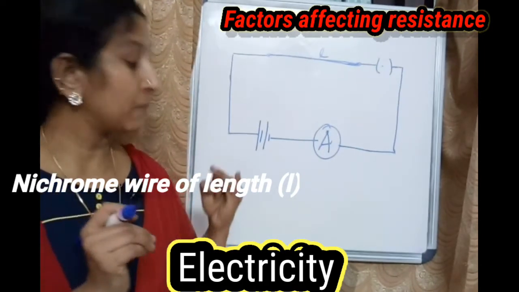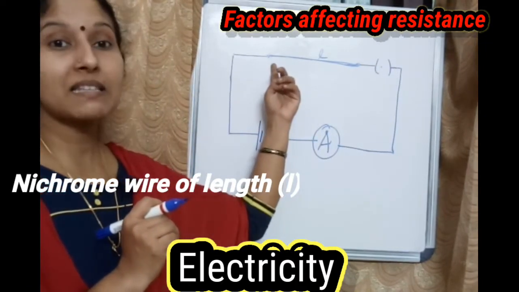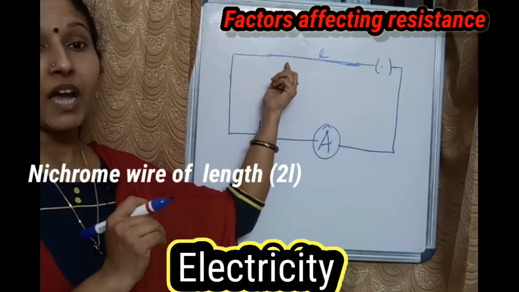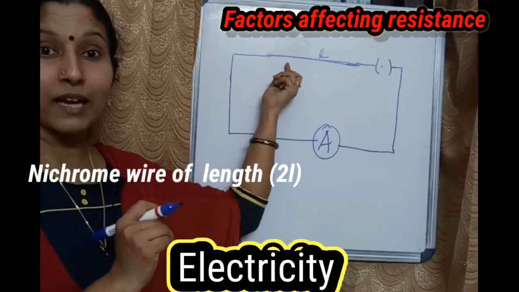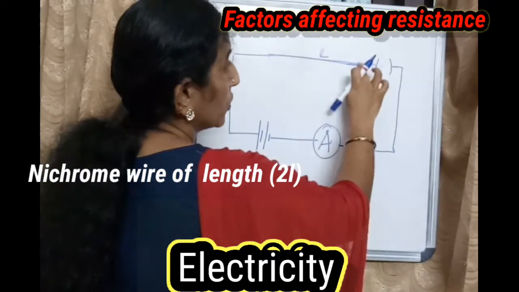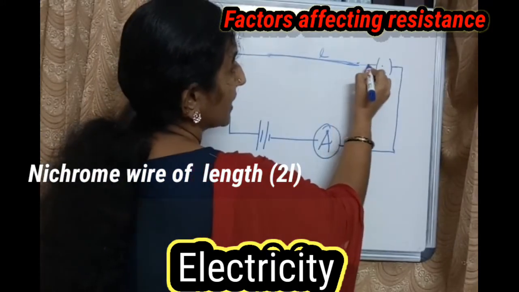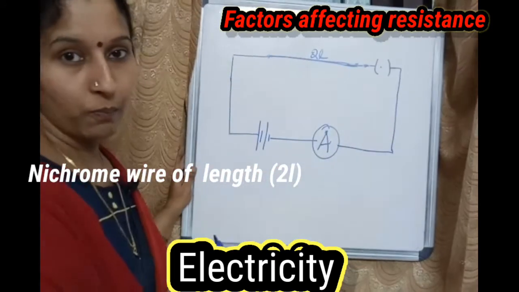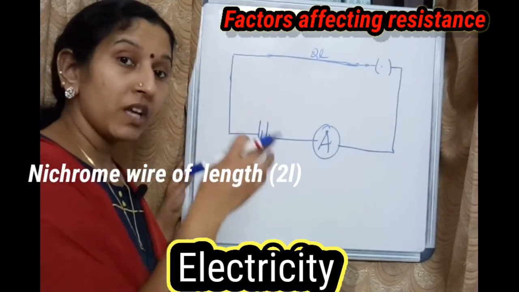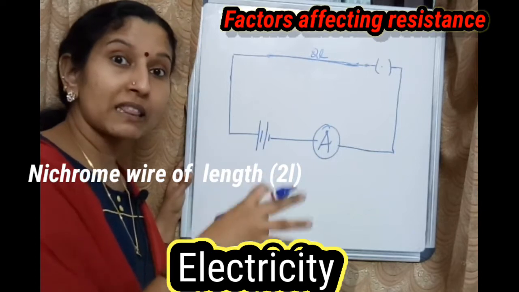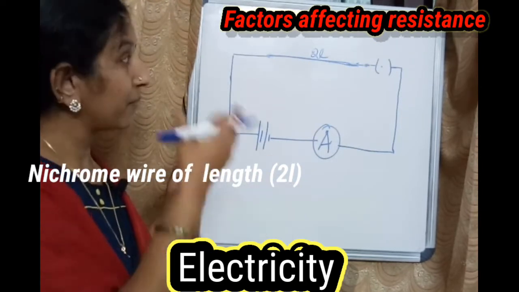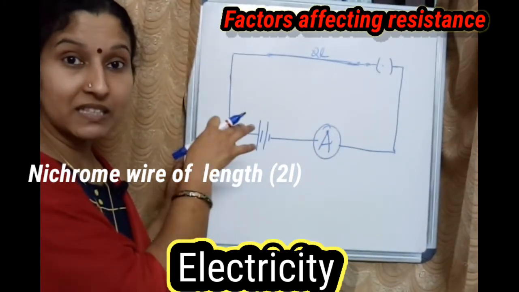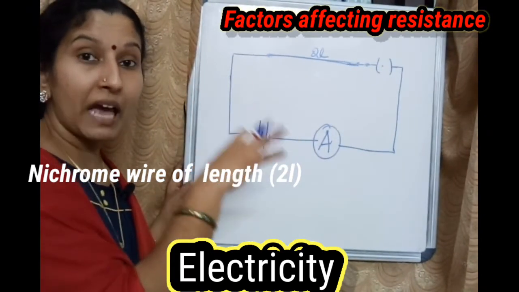In the second step, I am going to replace the nichrome wire of length L and fix a nichrome wire of length 2L. Now I have increased the length, and the length of the nichrome wire becomes 2L.